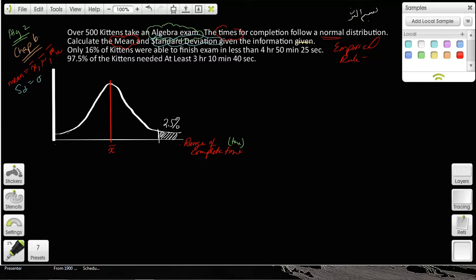Similarly, we cut off a little bit of the tail over here, and we said 2.5% of the data falls over here. And the remaining we divided into units of 1 standard deviation, if you recall. This is so that we can use the empirical rule.